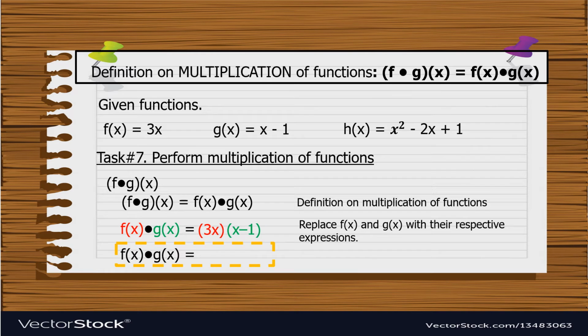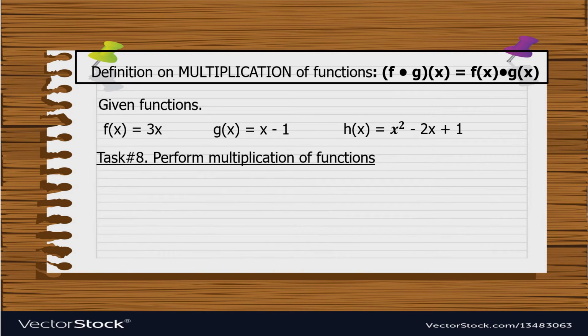Using distributive property, we have 3x multiplied by x is 3x squared, and 3x multiplied by negative 1 is negative 3x. So that is the product of f of x and g of x when your function f of x is equal to 3x and g of x equals x minus 1.